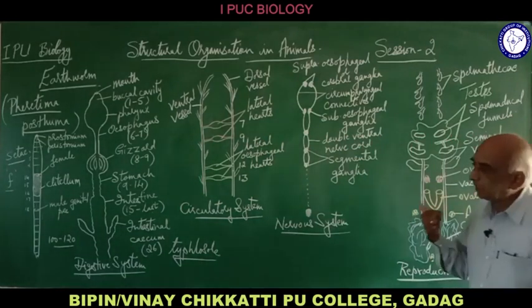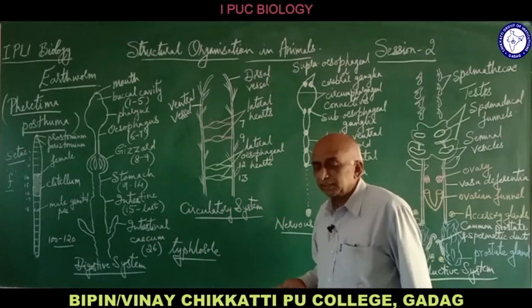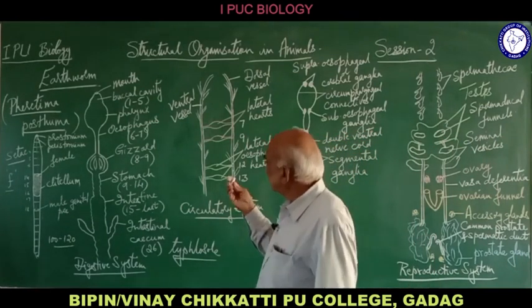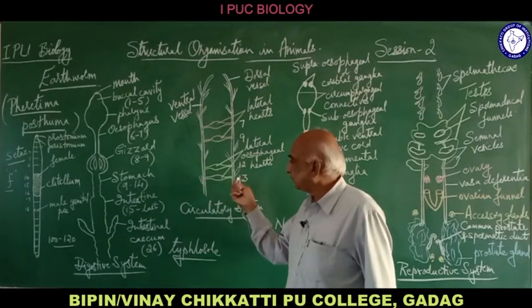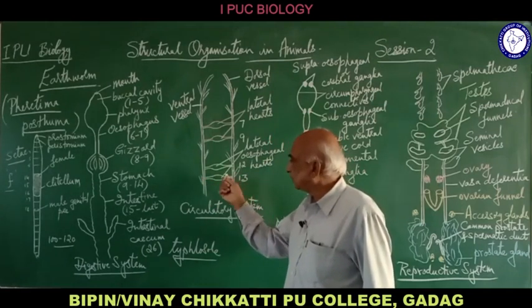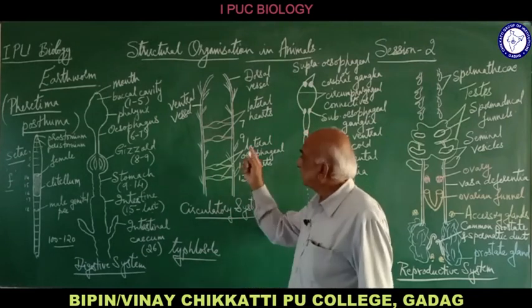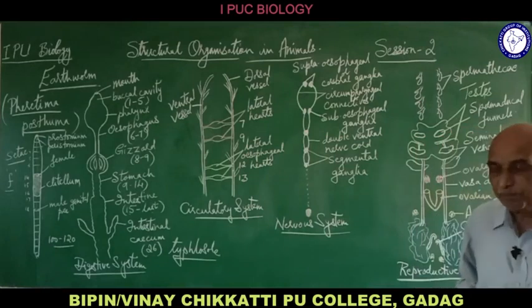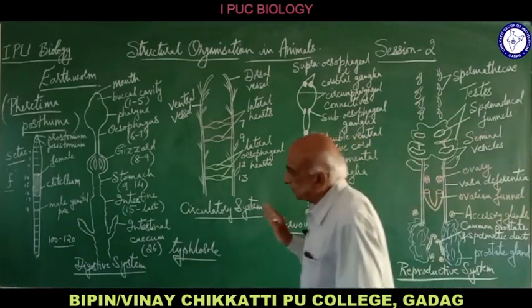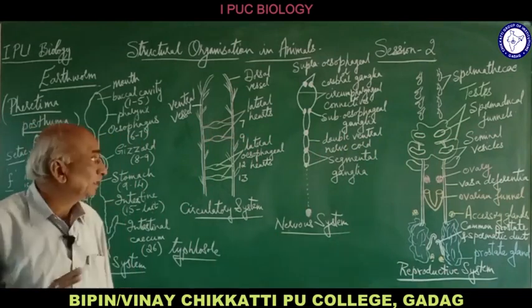These blood glands secrete the blood, which circulates in the body from the dorsal to the ventral and from the ventral to the dorsal. From the dorsal to the ventral it is transported by the lateral hearts and the lateroesophageal hearts. That is a simple circulation, which is a closed type of circulatory system in this earthworm.